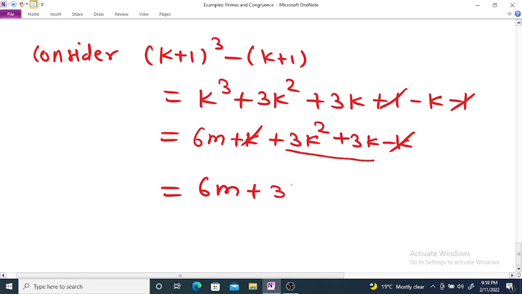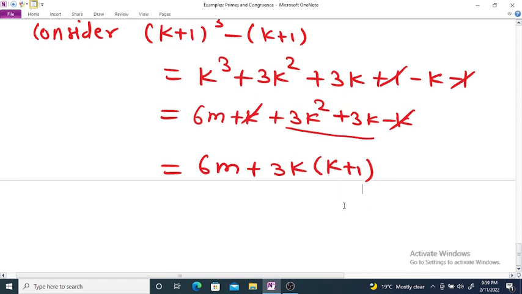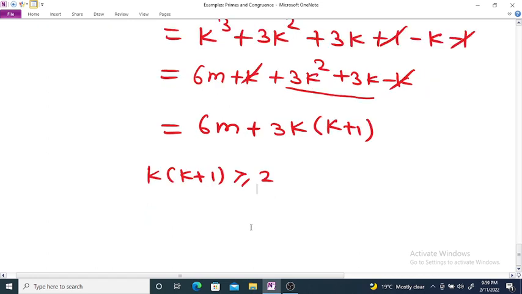And we can write this as 6m plus, from these two terms we can take 3 times k outside, so inside the bracket k plus 1. As we know that k into k plus 1 are two successive integers, whose product is always greater than or equal to 2. So this number is a multiple of 6.